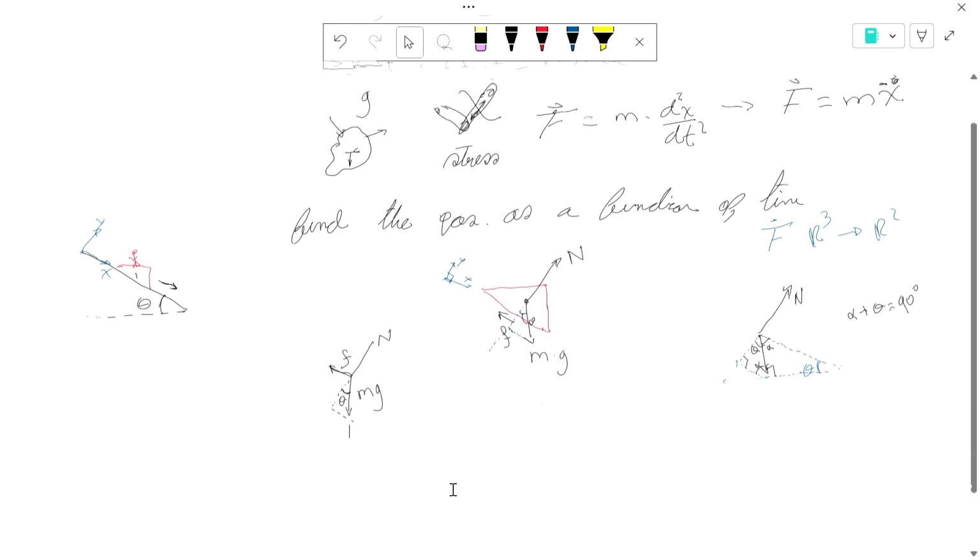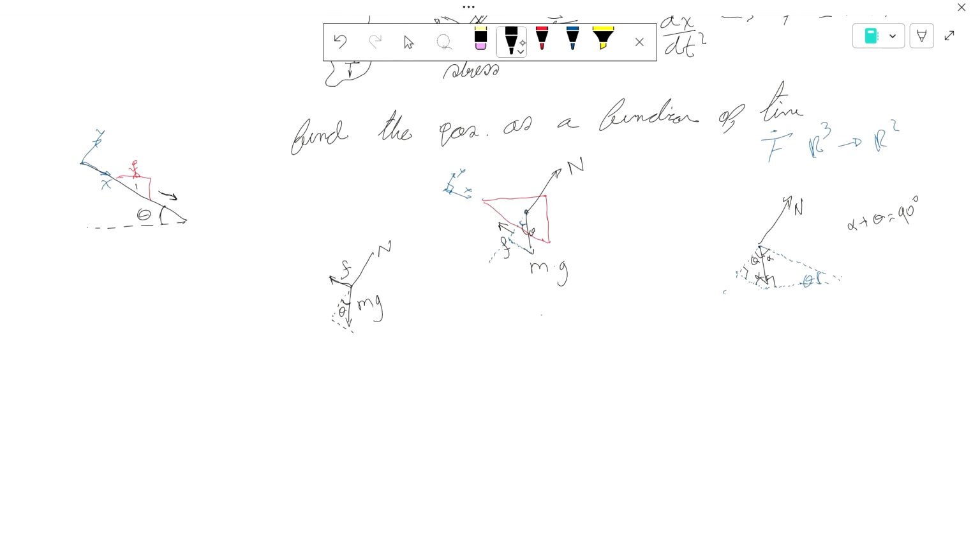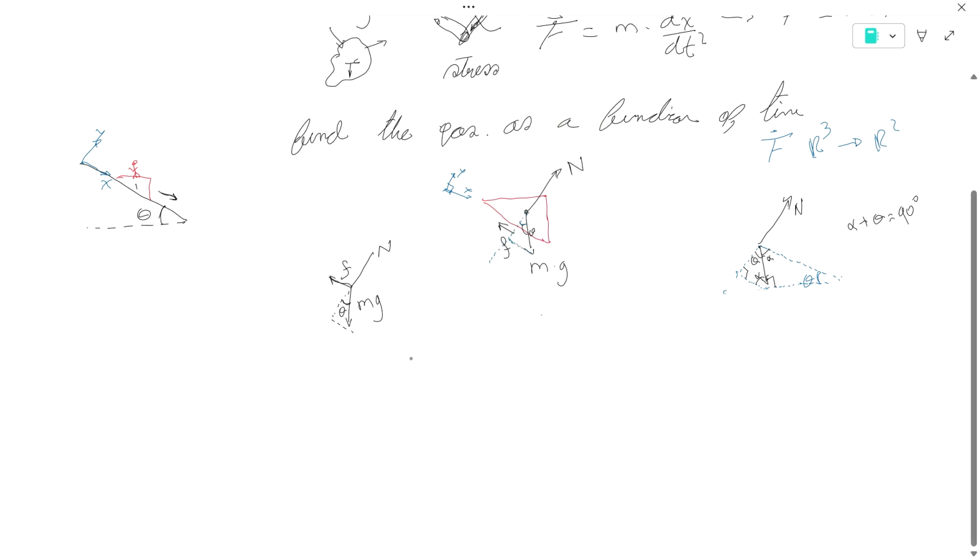Therefore, when we start building our system of equations, we can say the summation of forces with respect to z equals the mass times the acceleration with respect to z. But we said that nothing happens there. So if this is 0, then the summation of forces equals 0, meaning that basically there are no forces on that axis.